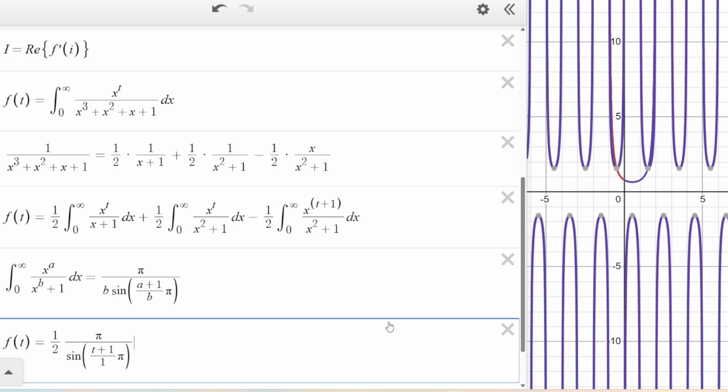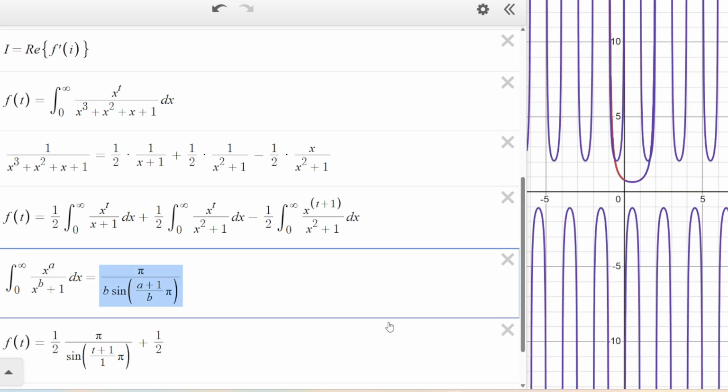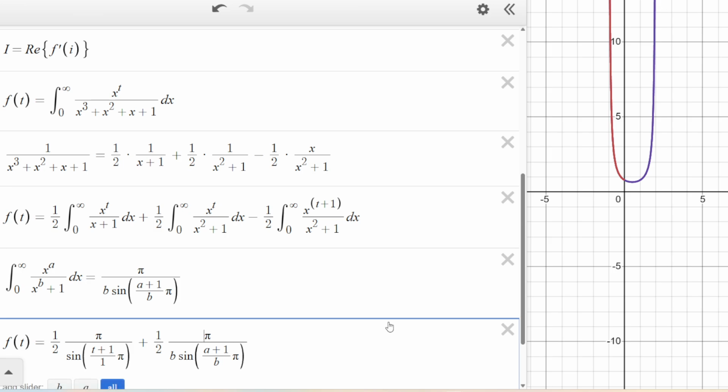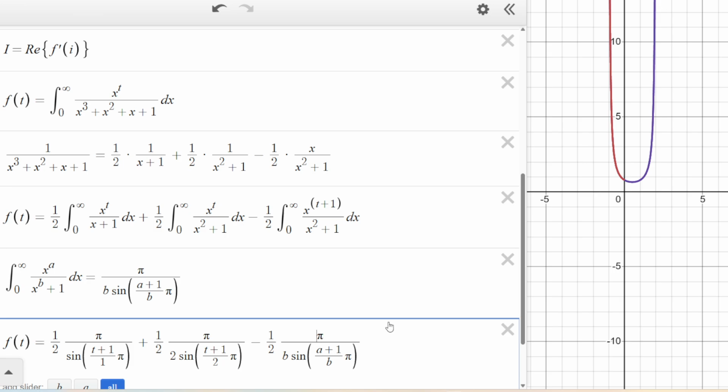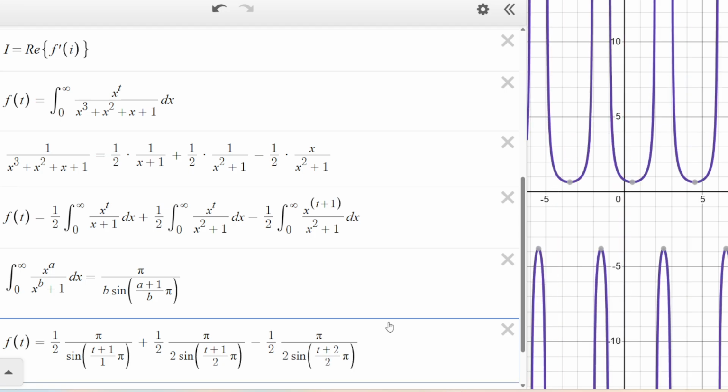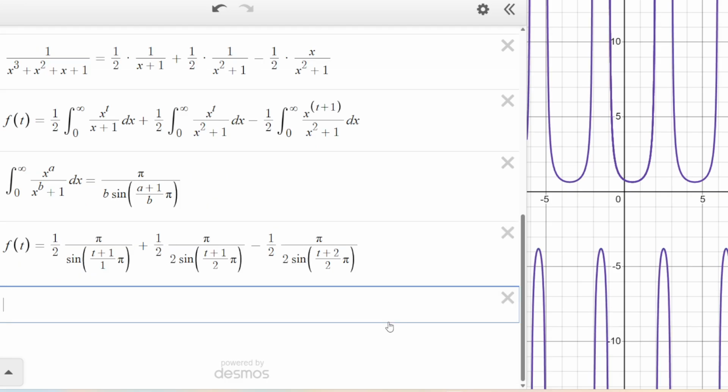And then we'll get plus 1/2 of this thing when our a is t, but our b in this case is 2. And then minus 1/2, again, the same thing. Now our a is t plus 1, so we end up with a t plus 2. Our b is 2 again. Perfect.